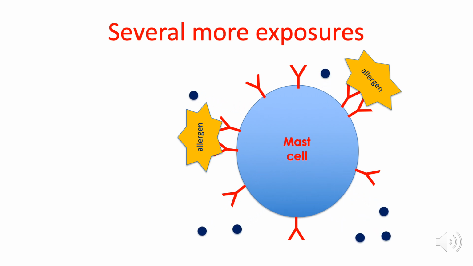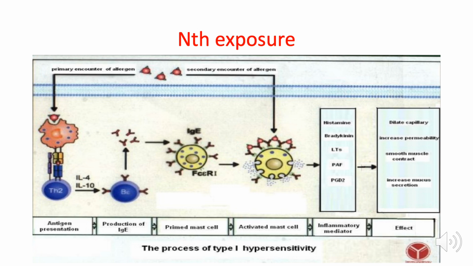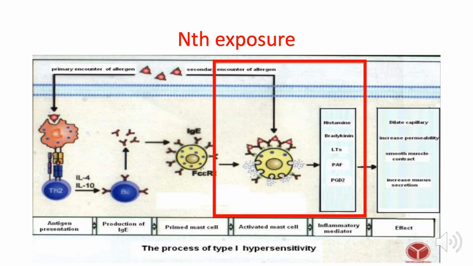So, after several re-exposures, there would be what we call cross-linking, and the cross-linking will trigger now degranulation, or the release of histamine from the cytoplasm of mast cells or basophils.